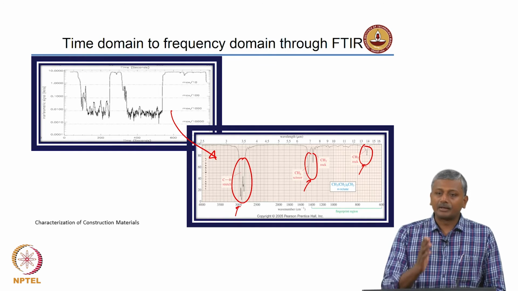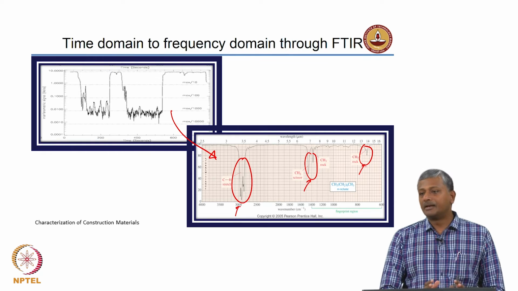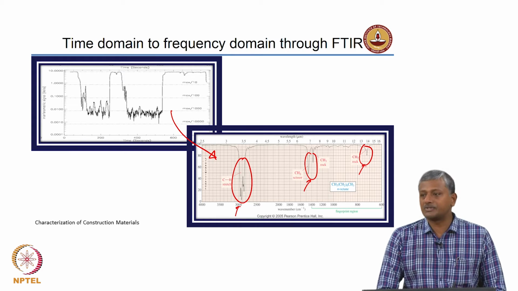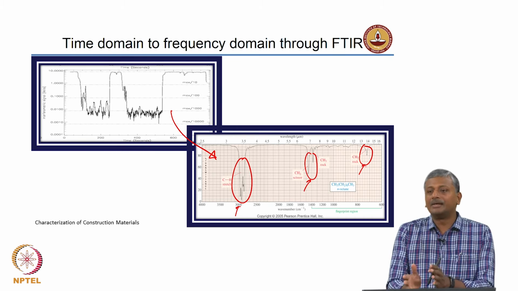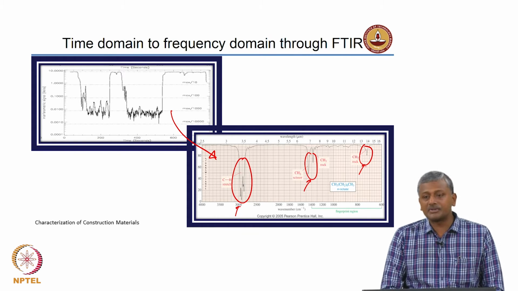For instance, carbon oxygen, silicon oxygen, aluminum oxygen, each one of them will have a very specific location or energy at which these vibrational frequencies occur. That way you can isolate these transitions and get an estimate of the elemental composition or the types of bonding present in your sample.